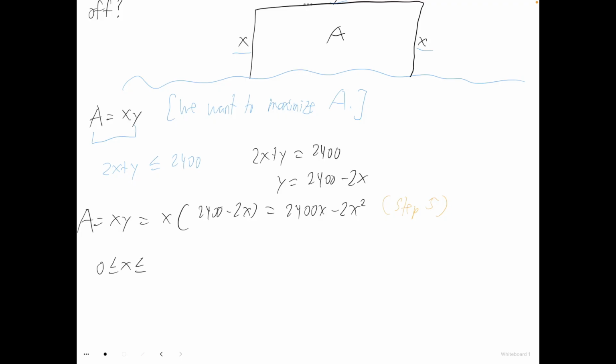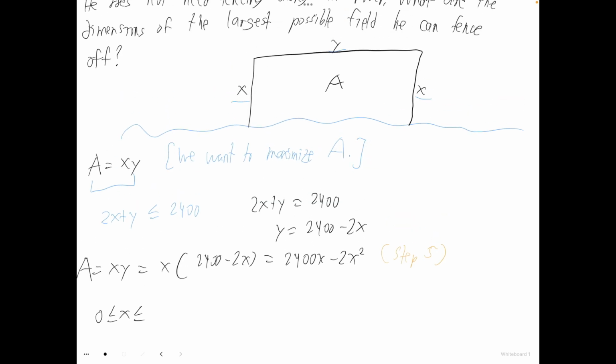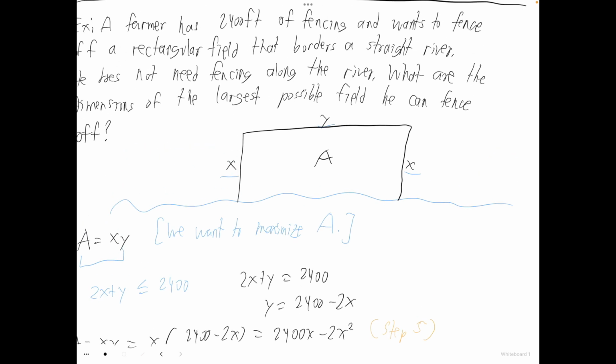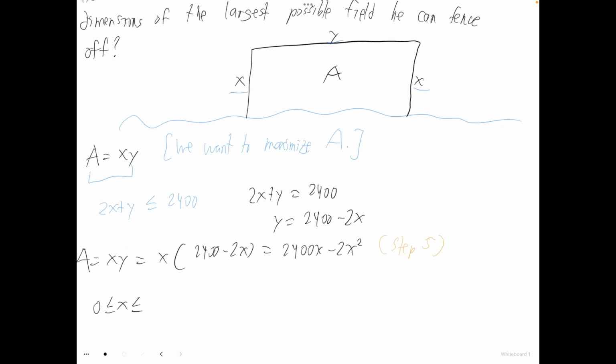The reason is we're building a fence here, and we can't have a negative amount of fencing, so x has to be greater than or equal to 0. But because we only have 2,400 feet of fencing, the largest x could possibly be is 1,200, because there are two x's showing up, and if they were both 1,200, that would use all of the fencing and we'd have no width. Obviously that's not going to be the maximum area, but that is another bound. Those are bounds on x.